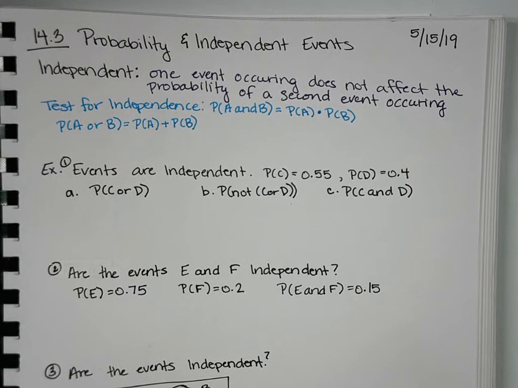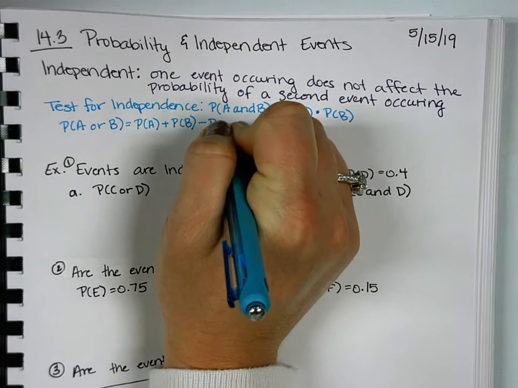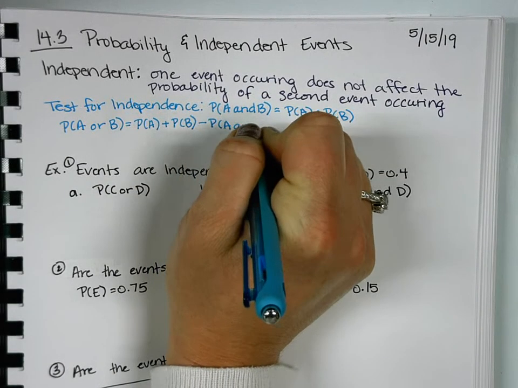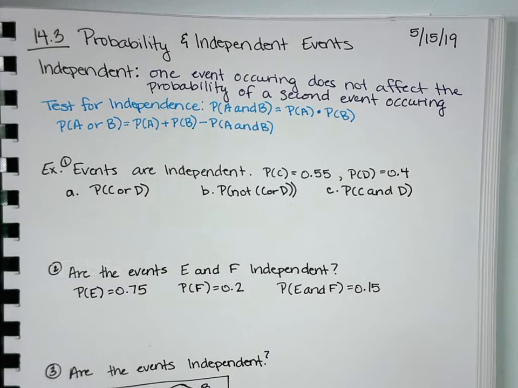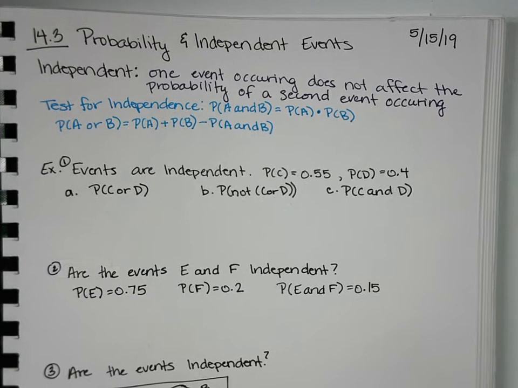The only difference is independent, we have to account for any overlap and double counting. So we have to subtract away the overlap for independent. In mutually exclusive, we didn't have that issue because they never overlapped. If they overlap, you have to subtract that overlap away because you double count it by adding the two probabilities.